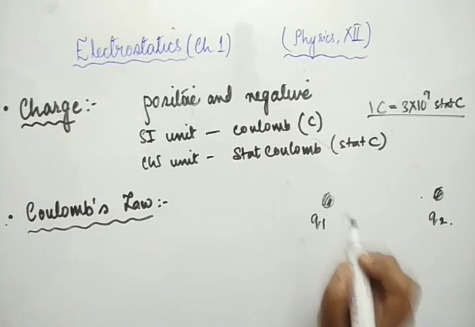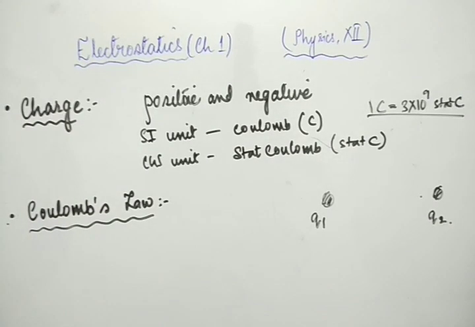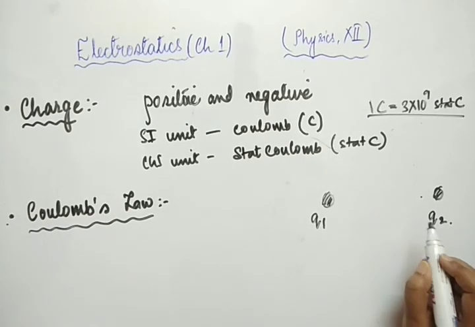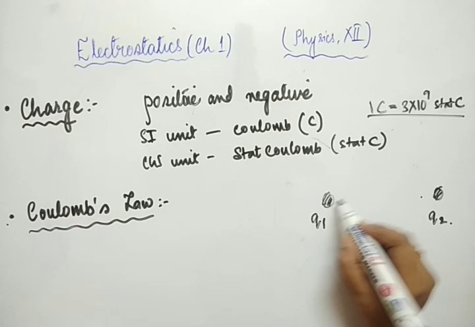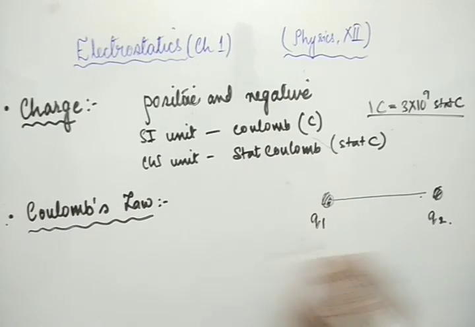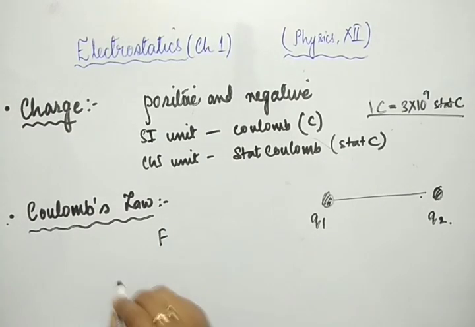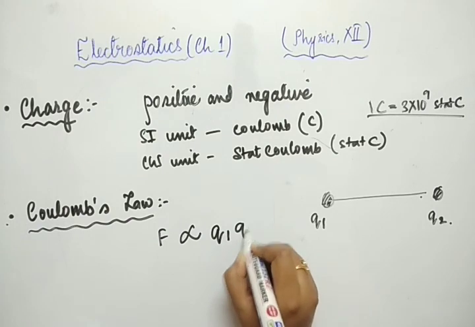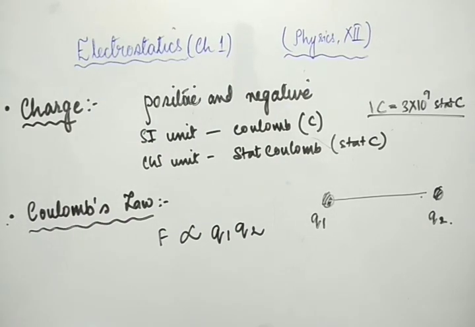Coulomb stated that two stationary point charges Q1 and Q2 either repel or attract each other with a force F, which is directly proportional to the product of the magnitude of the charges, and inversely proportional to the square of the distance between them.